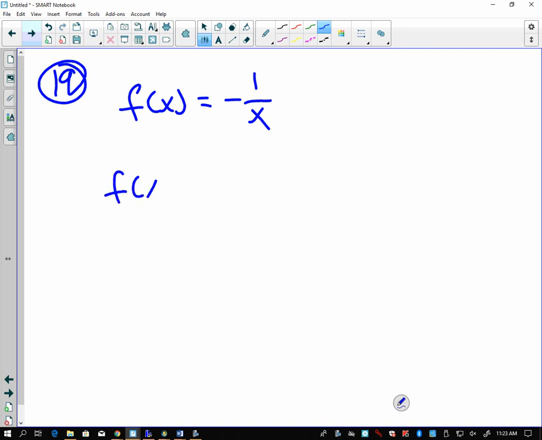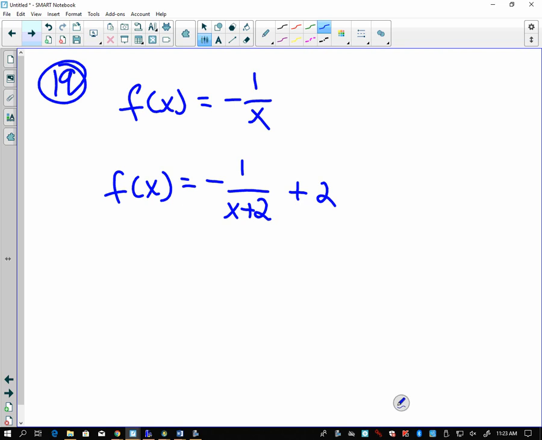So just knowing how graphs work, I've moved it to the left, correct? So this is going to be x plus 2. And over here, I'm going to do plus 2, because that's going to move it up, right?